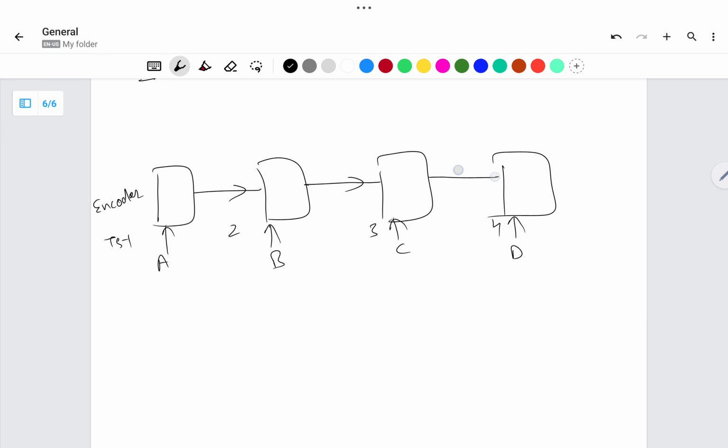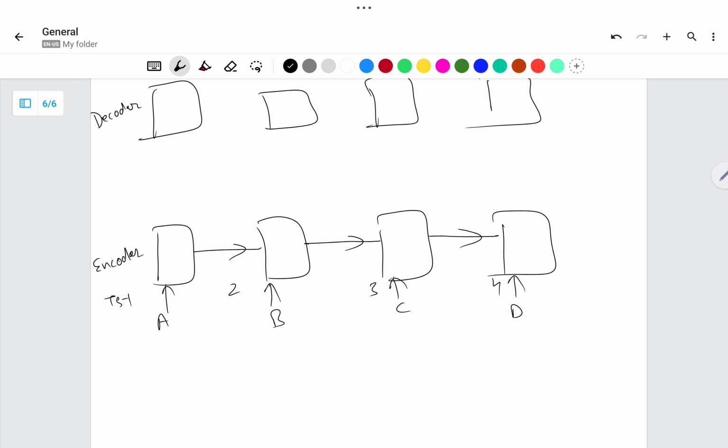The cell state and hidden state were, let's say, C1 and H1, C2 and H2, C3 and H3, finally C4 and H4, which carry the overall semantic meaning of ABCD, right?